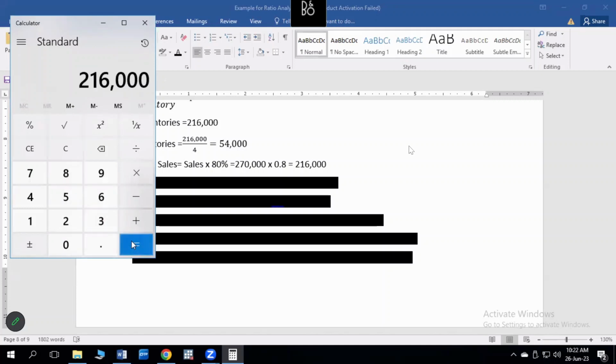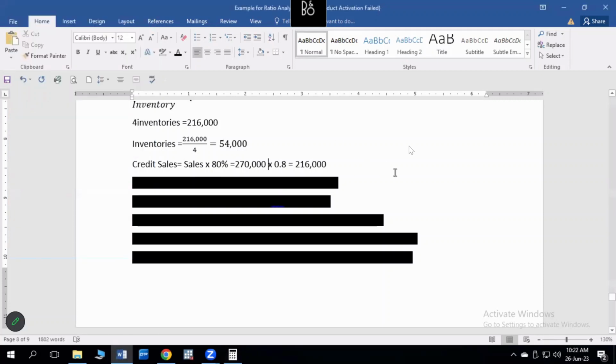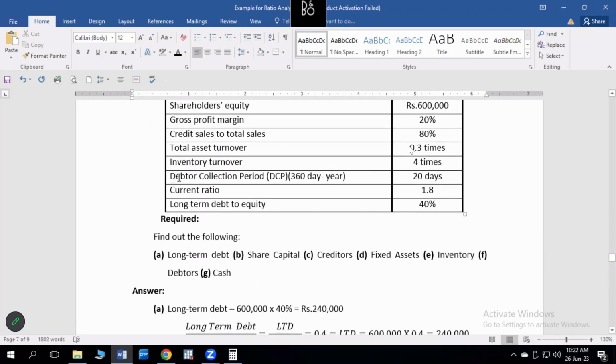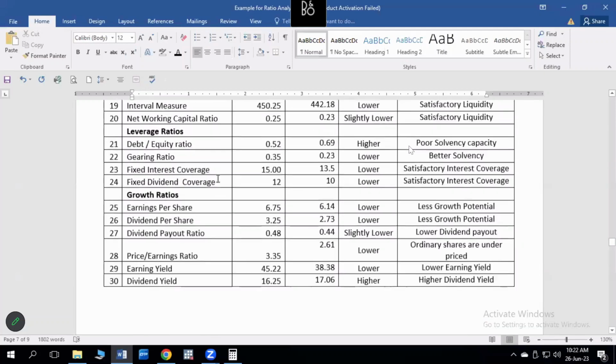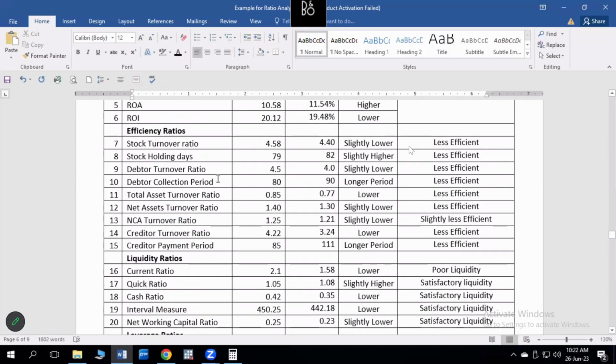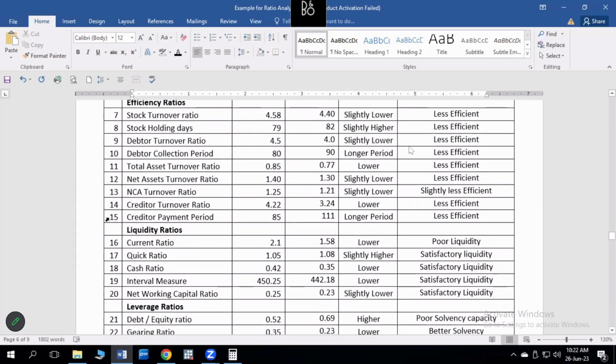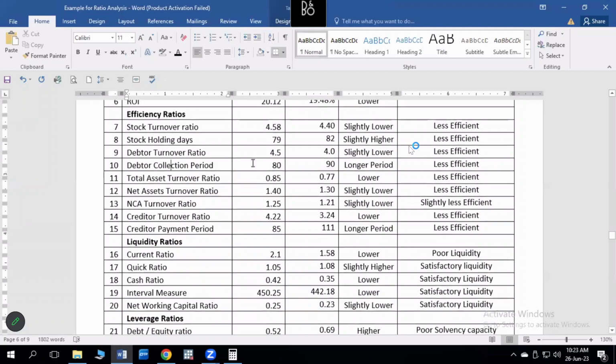Right, 2,16,000 credit sale you have found. What is next? So you observe that 360 days a year is given, and 20 days is given. So you go to the formula. Where is it? Debtor collection period. There you go.